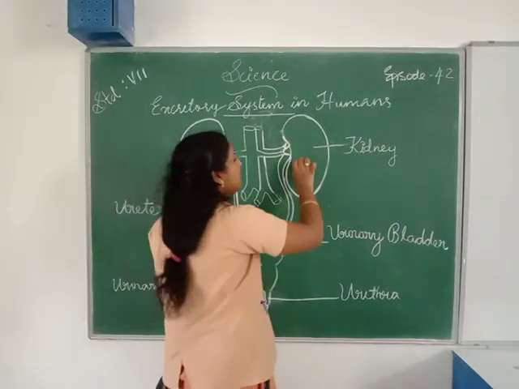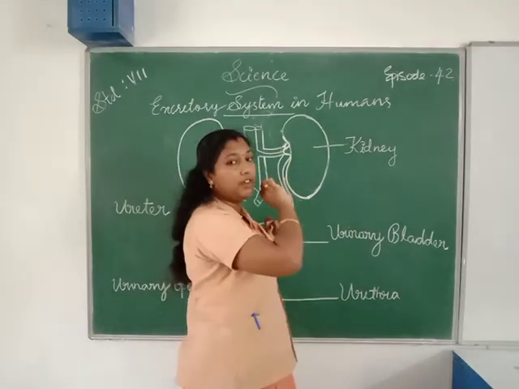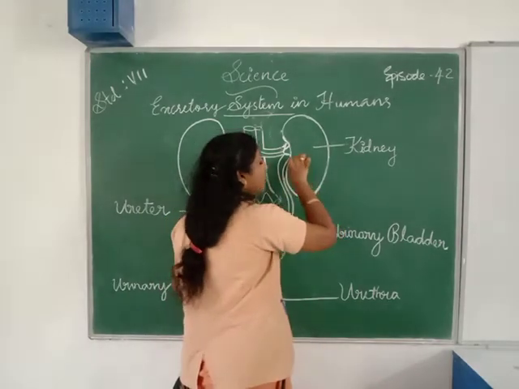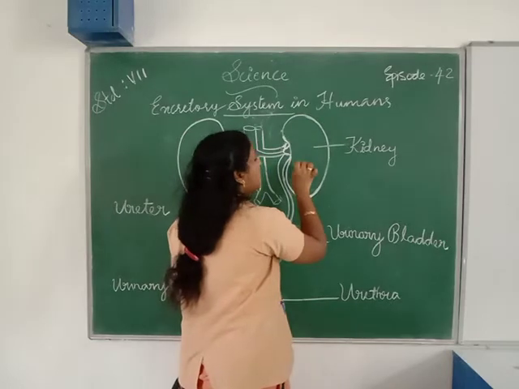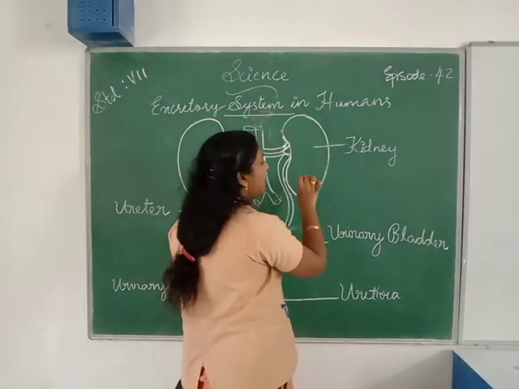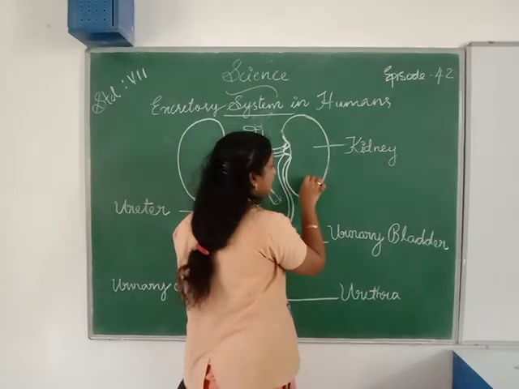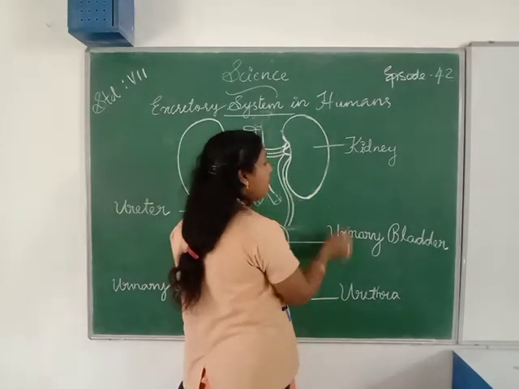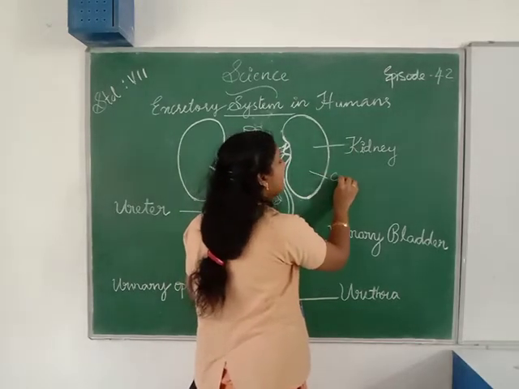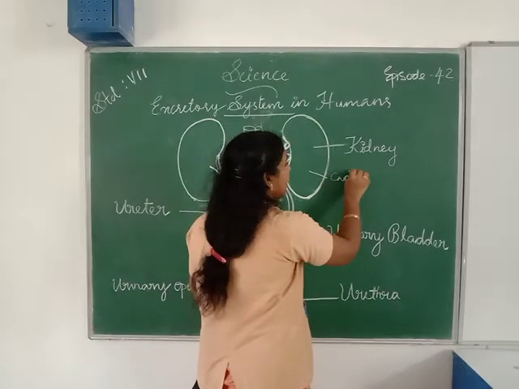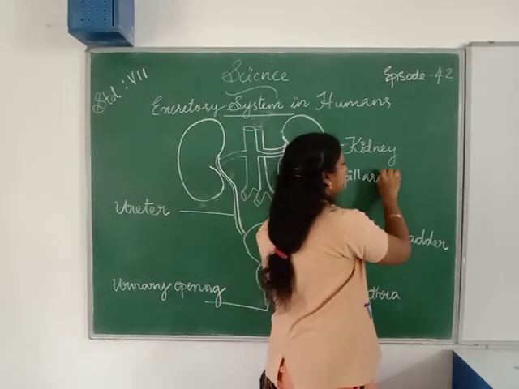We know about capillaries, small veins. So the filtering of blood takes place inside the kidney with the help of capillaries.